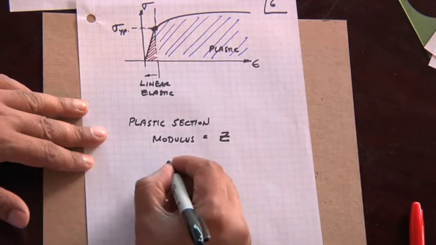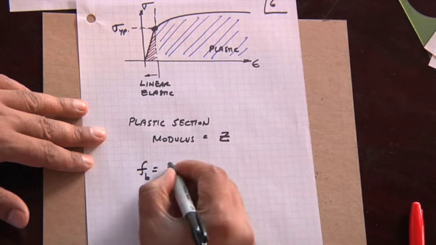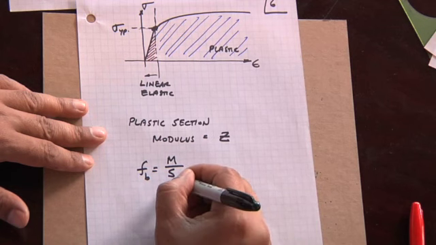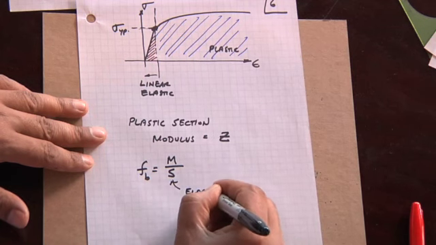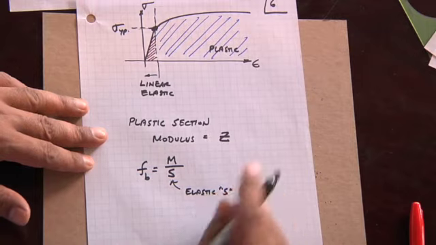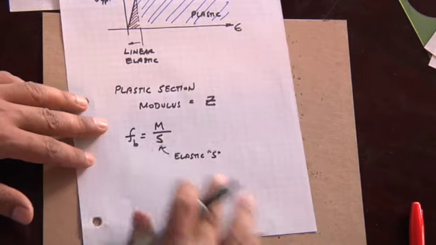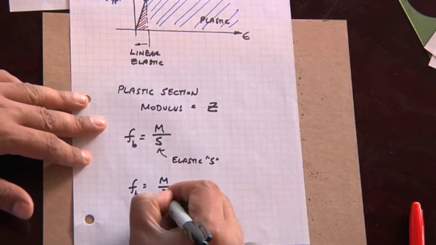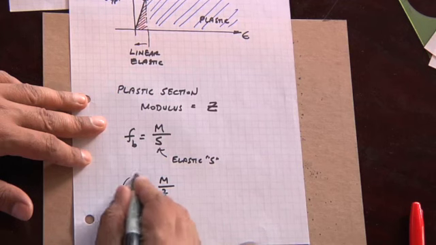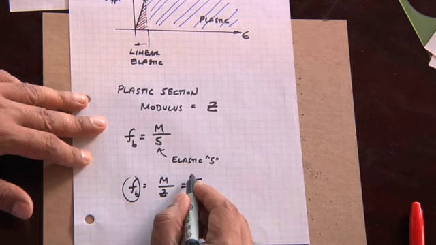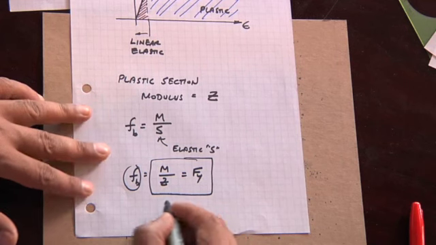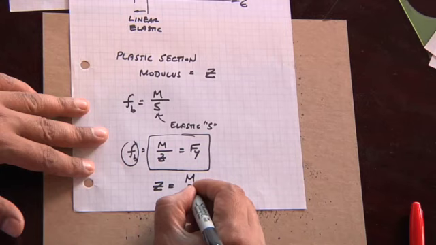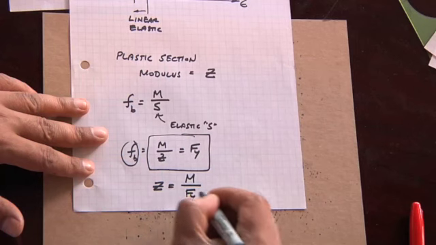If we calculate the stress in a beam as M over S, where S is the elastic section modulus, that's to keep us in the elastic zone. We replace that with Z. And so we're trying to calculate Z, and FB will become the yield stress. So this becomes our equation: the plastic section modulus becomes the moment divided by the yield stress.